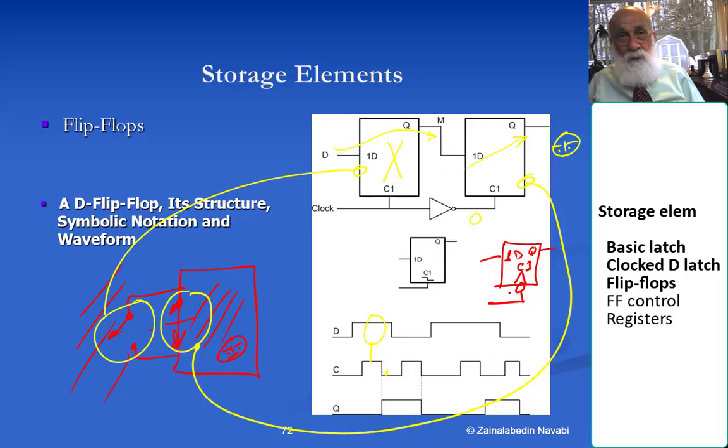That means the output only changes on the negative edge of the clock, but this flip-flop never has transparency. This, by the way, is called a master-slave flip-flop.